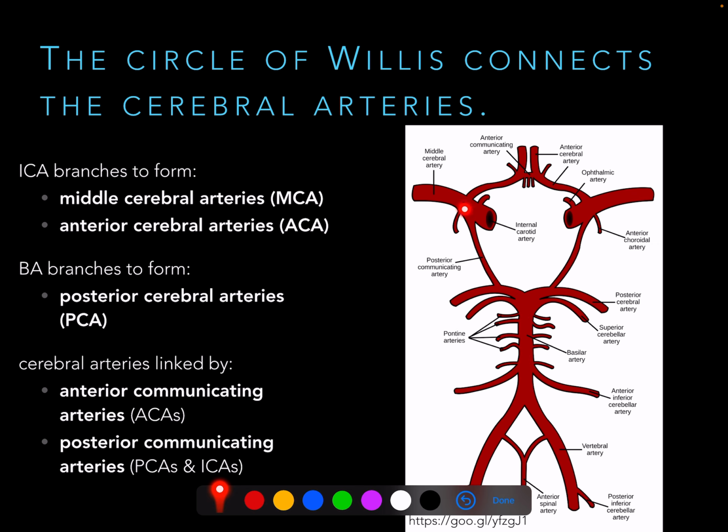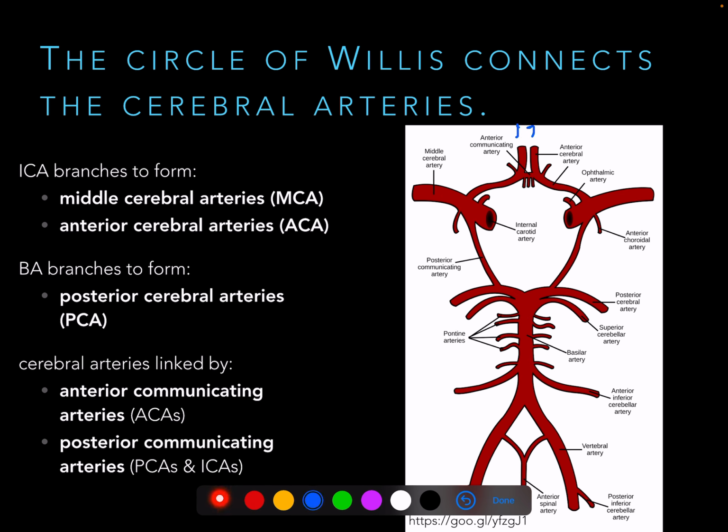It branches then to form the anterior cerebral artery, as well as the posterior communicating artery. Now, the posterior cerebral artery, the third of our cerebral arteries there, is usually a branch of the basilar artery here. Now, there are tons of other branches which we will get to in a bit. To finish off the circle of Willis, we have to connect our two anterior cerebral arteries.